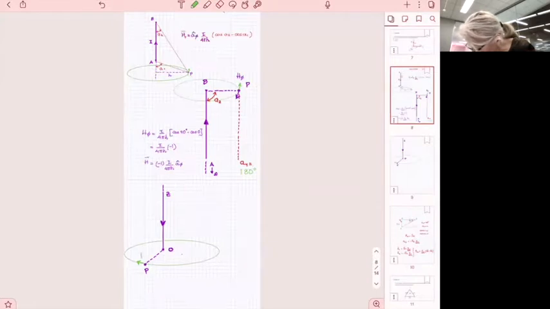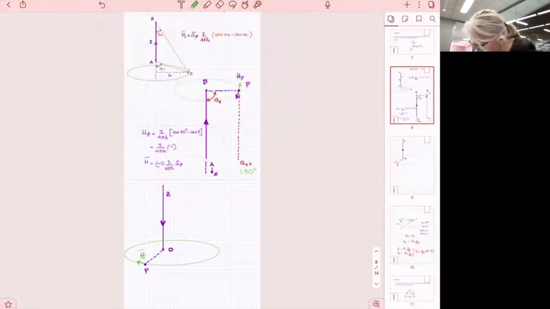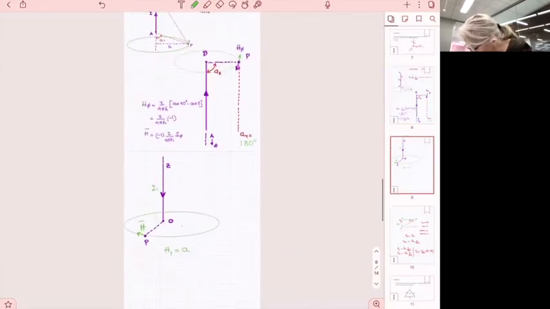So this h here, let's say from current 1, will be equal to minus a sub y, minus 1, and then I over 4 pi h.